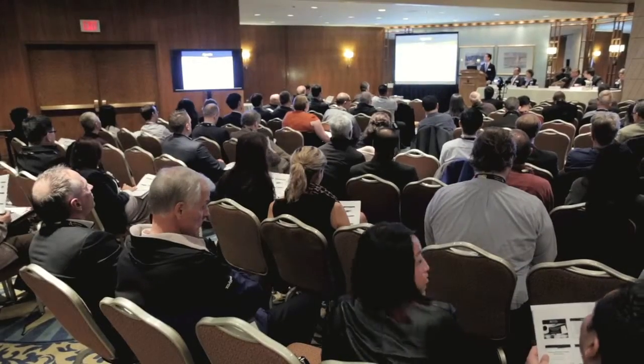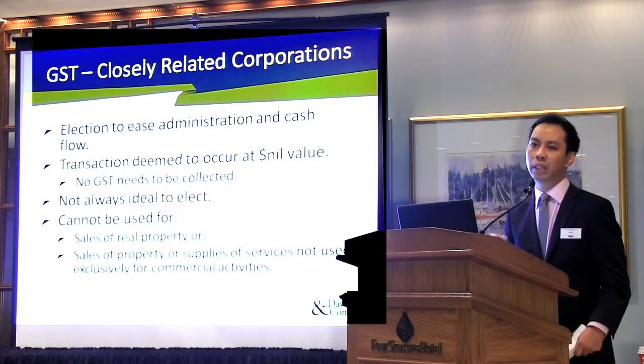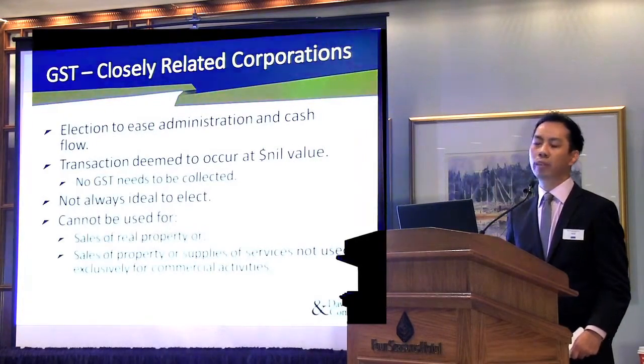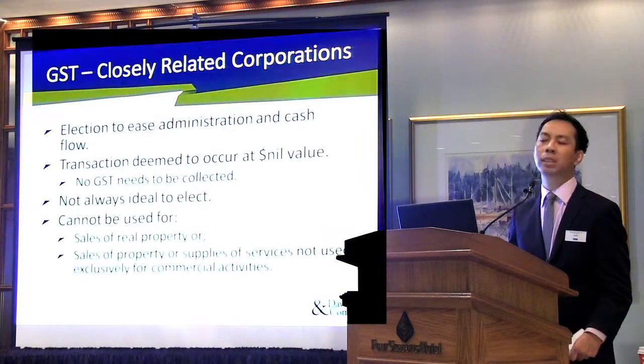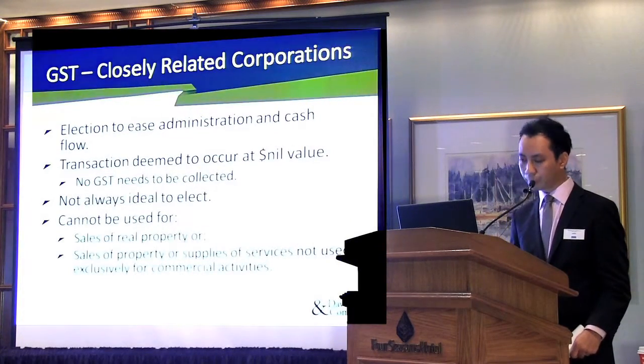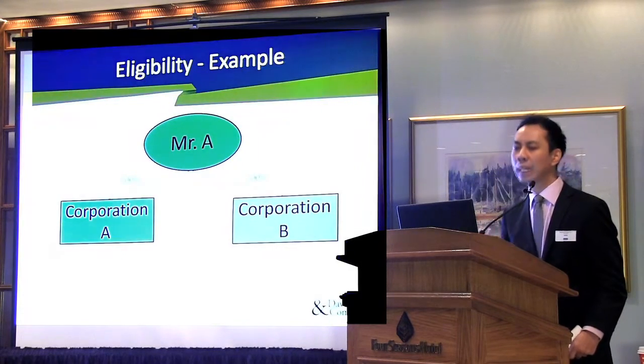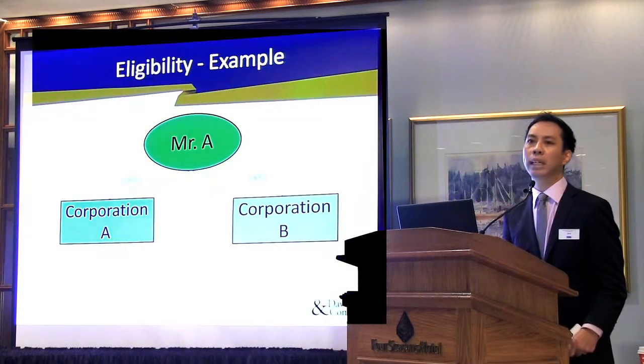But just keep that in mind. You can't use it for every single type of intercorporate transaction. If you have a sale of real estate or the property is not exclusively used in commercial activities, you can't actually use this election. So a lot of times our clients ask, well, what is a closely related corporation?